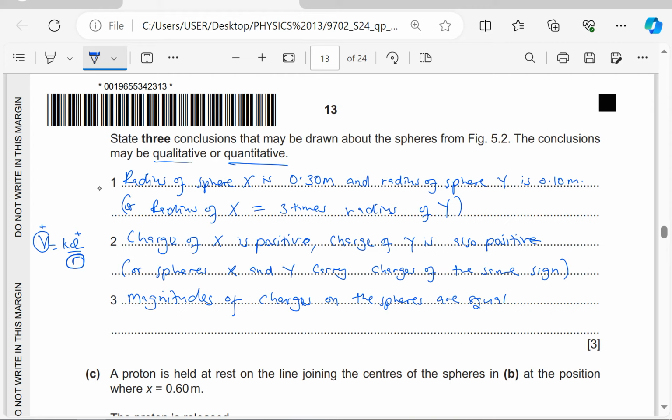The reason is because potential is minimum at the midpoint.